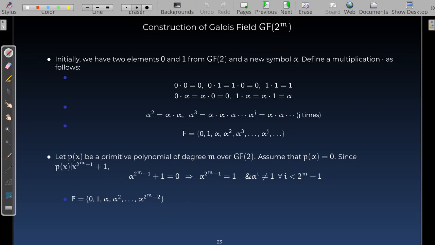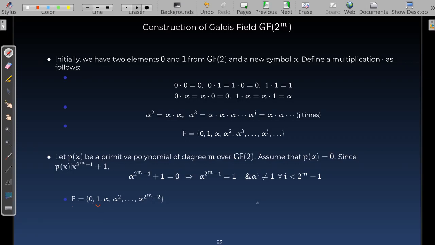So now we have a set, and this set is finite, and it is going to contain 2^m elements. So we have 0, 1 and all the way to alpha^(2^m - 2), because alpha^(2^m - 1) is equal to 1 only.